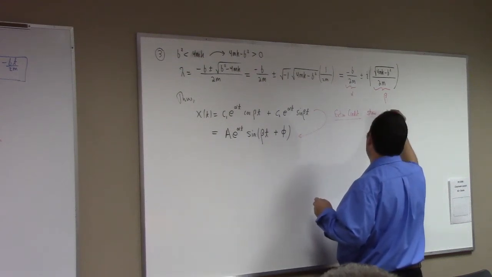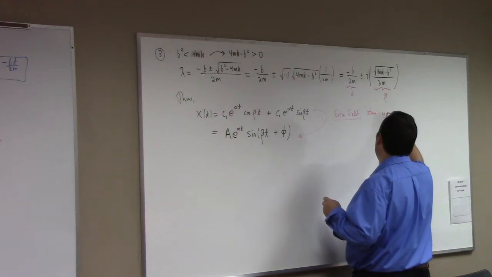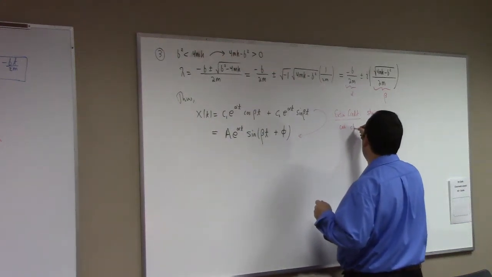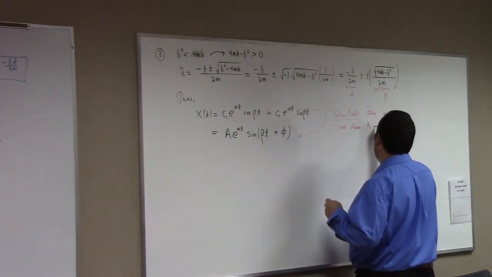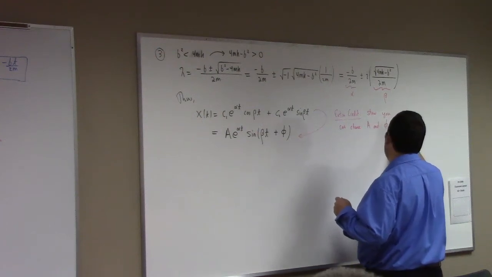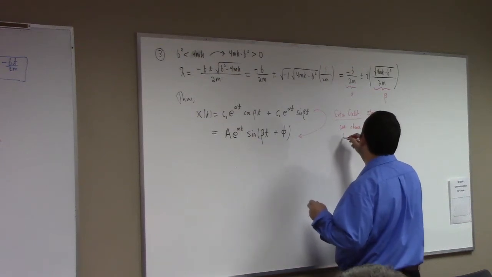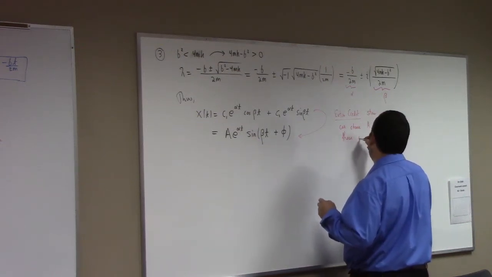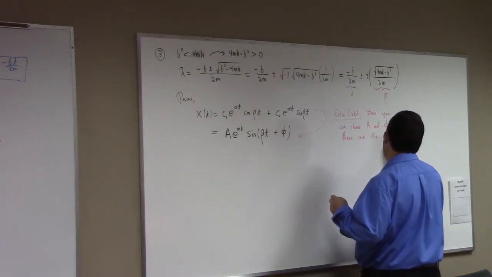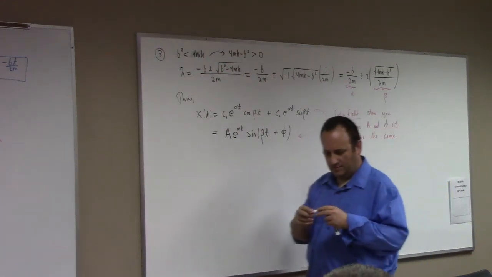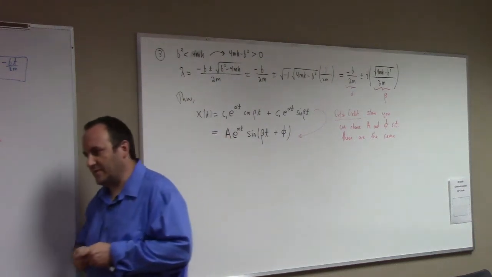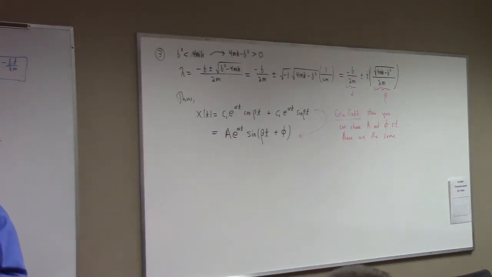Show you can choose A and phi such that these are the same. What I'm saying is just prove to me that you can choose A equals something and phi equals something else such that these are in fact the same solution, right? It's just an algebraic rewriting.